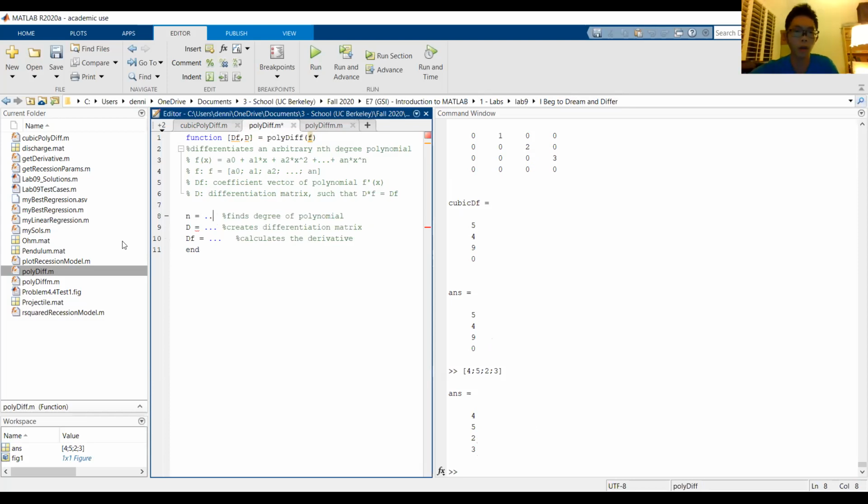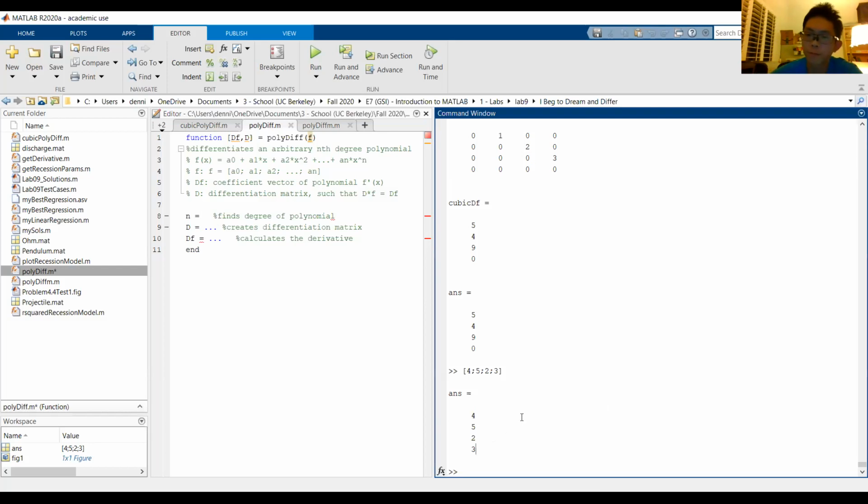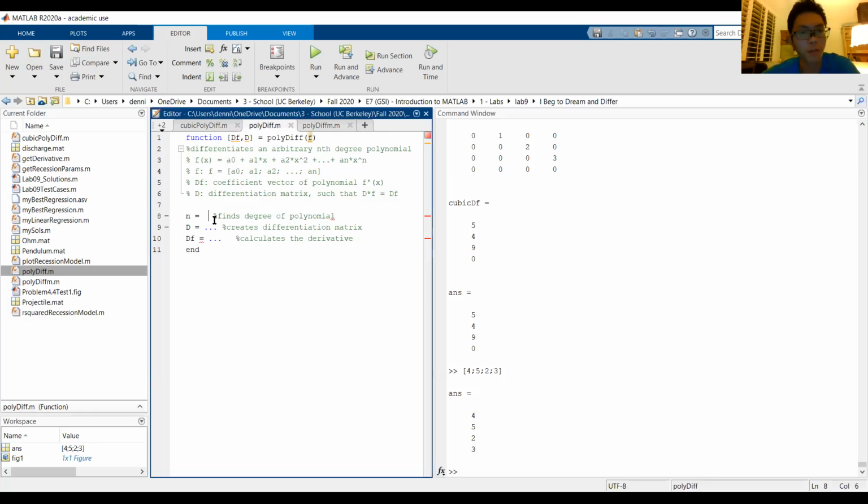Okay. Degree of the polynomial. Someone tell me how we do this. It's one line. It'll be something like this. We can use the same f. Degree of the polynomial.